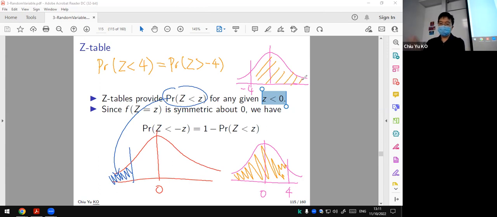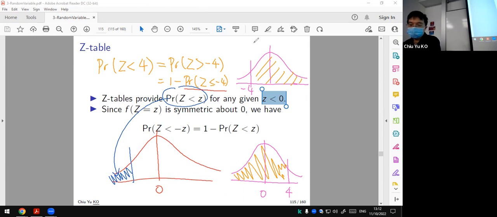So less than 4 is the same as greater than -4, right? And more than -4 is 1 minus less than or equal to -4, which you have from the table. Don't worry, we'll do examples, but this is what it means about the Z. The reason is F is symmetric, because the normal bell is symmetric about 0. We will be doing more exercises to show you this is correct. This is something that you'll be doing for the rest of the course, so don't worry.